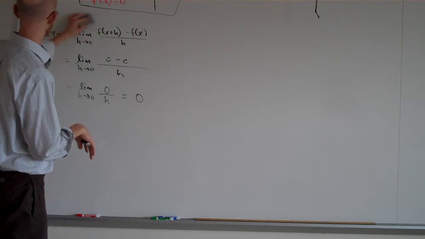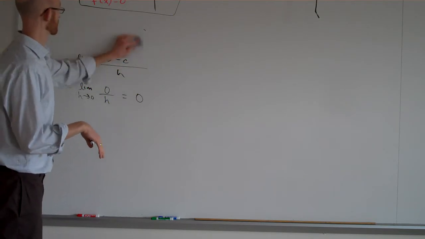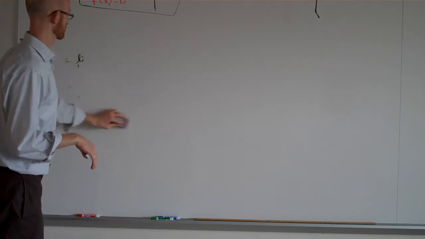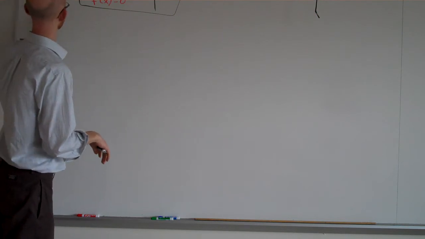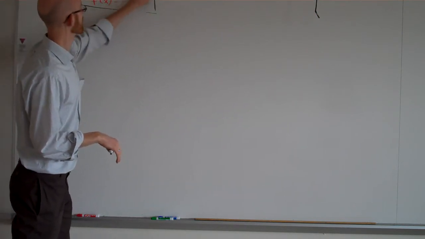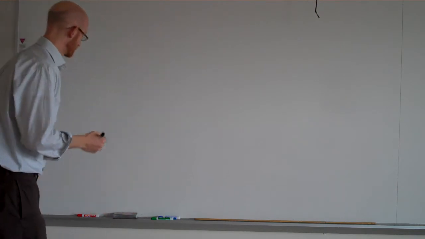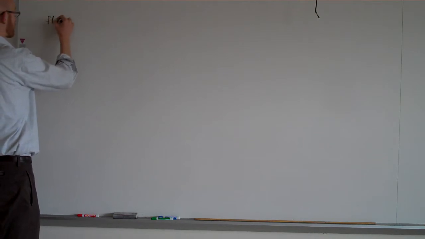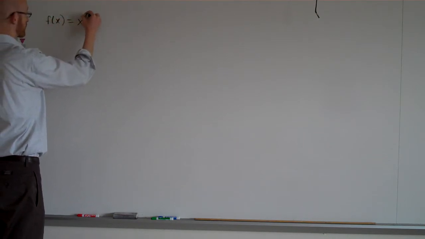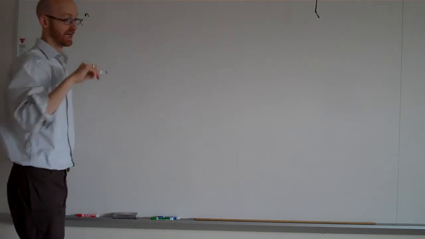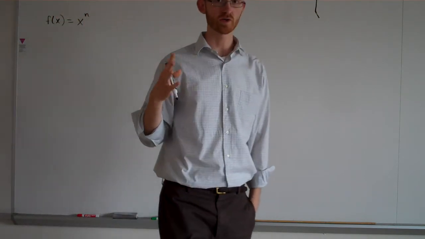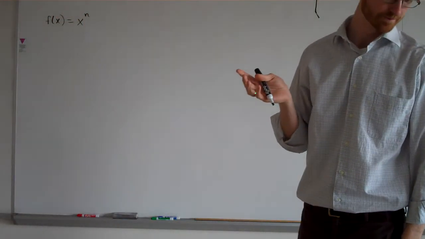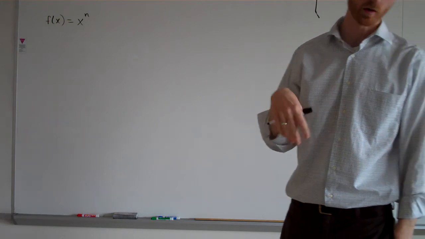So let me just redefine a function. So the function will be, as I said before, x to the n, and this n value we can have as a rational number.